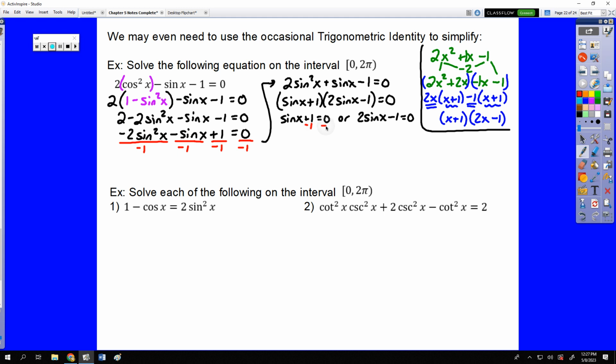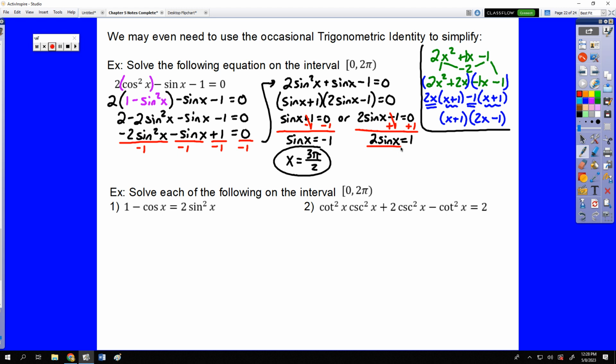On the first one, I subtract 1 from each side, which gives me sine of x equals -1. The sine of x is the y-coordinate. The y-coordinate is equal to -1 at only one place, 3 pi over 2 radians. For the other one, I would add 1 to each side, which would give me 2 sine x equals 1.